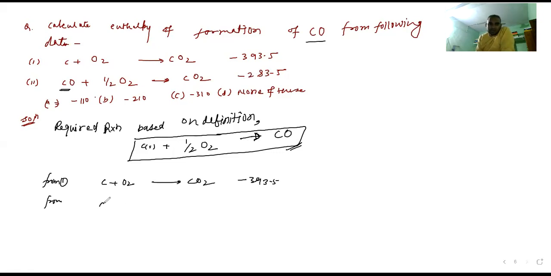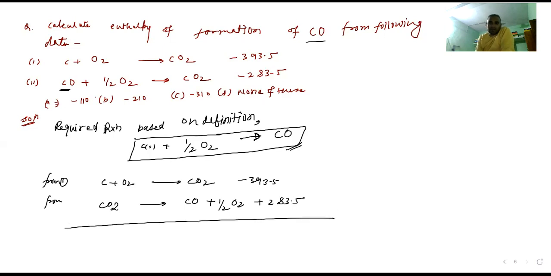So here I am writing CO2 reversing to give CO plus half O2, and this value becomes plus 283.5. CO2 is on the right side in one equation and on the left side in the other, so it cancels out. Add these two equations.